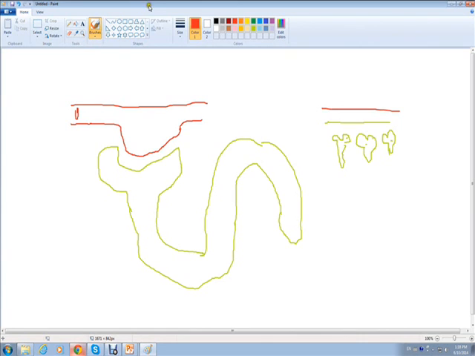So basically what happens is everything that filtrates has to pass a size barrier. It has to slit between the glomerular basement membrane and the podocytes.